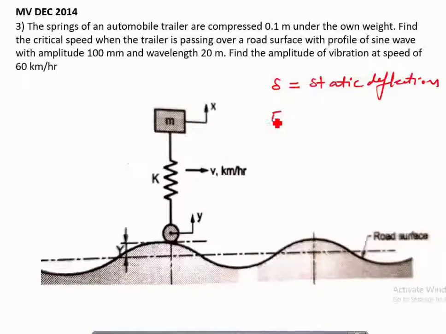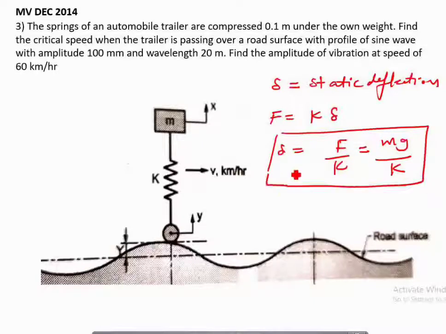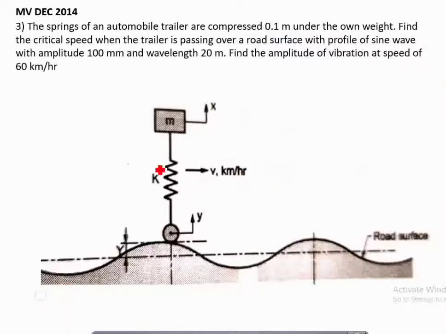We know that the force F is equal to K into delta, so delta is equal to F upon K. But here F is nothing but the own weight, meaning the spring is compressed under its own weight, that is mg upon K. So del, the static deflection, which is equal to mg upon K, is given as 0.1 meter. No need to calculate, they have given this.